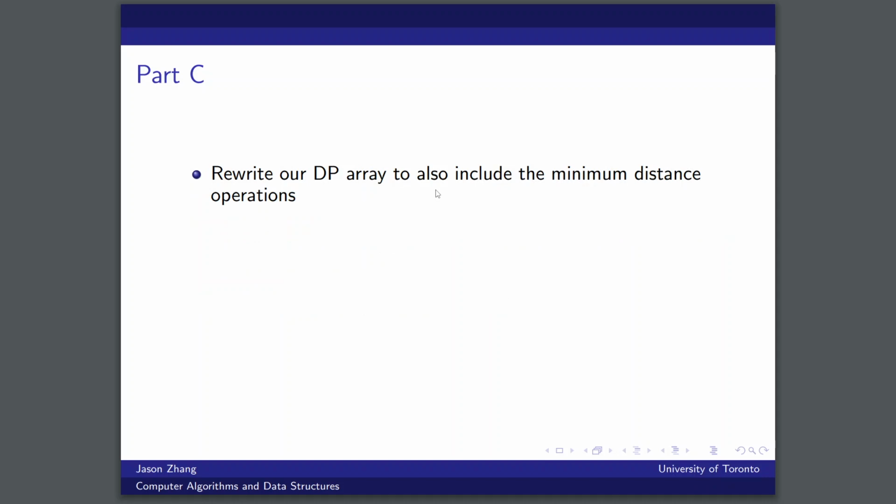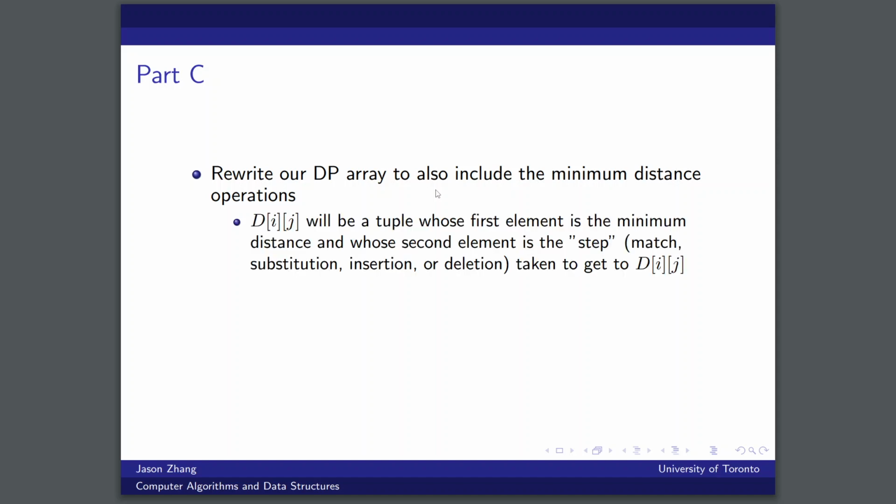So in order to do this, first we need to keep track of how we perform the operations. There are probably multiple ways to solve this, but the way I did it was I rewrote our D array, the one we used dynamic programming for, to also include the minimum distance operations. So rather than storing an integer at d[i][j], I'll store a tuple whose first element is the minimum distance to get there, and the second element is the last operation that was used to get to d[i][j].